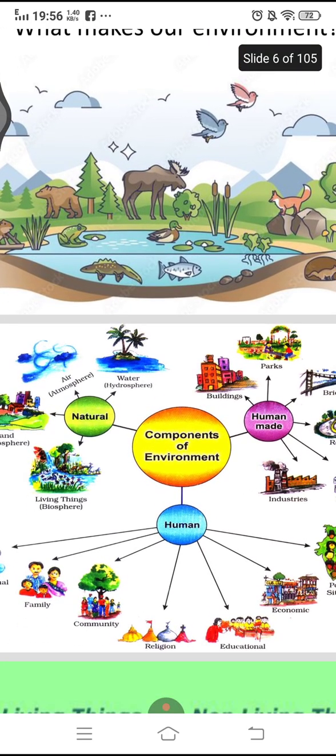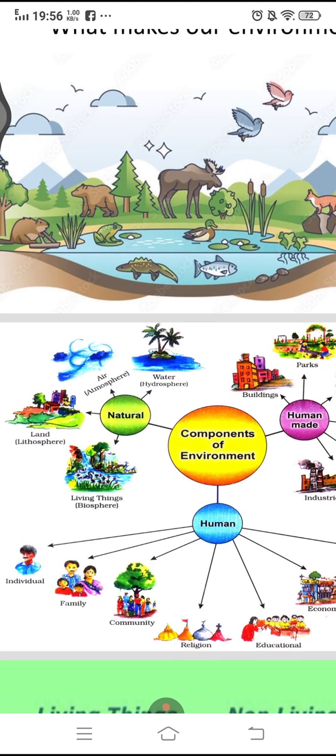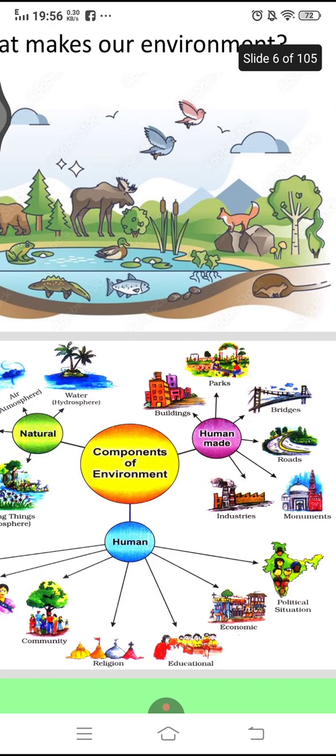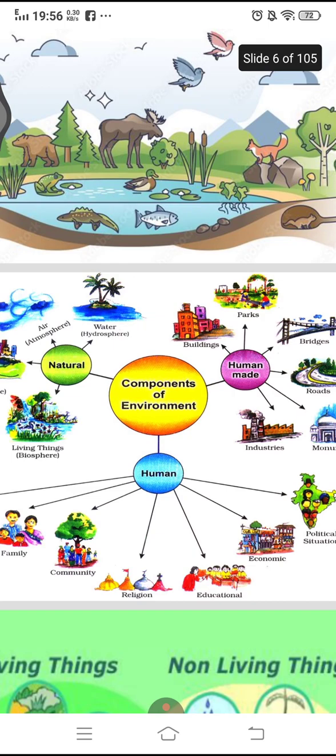Some are the natural components of the environment, that are the plants and animals and land and soil and rocks and all the living things, and the human-made environment, human-made material, that are all the materials that are made by human beings, like the houses, like the bridges, like the parks, factories, or anything else.